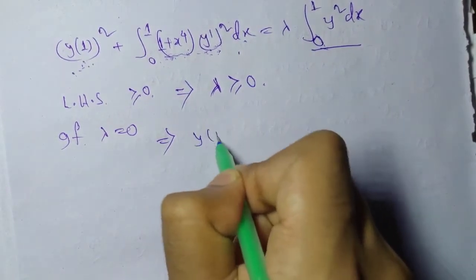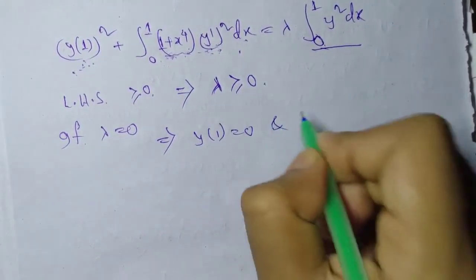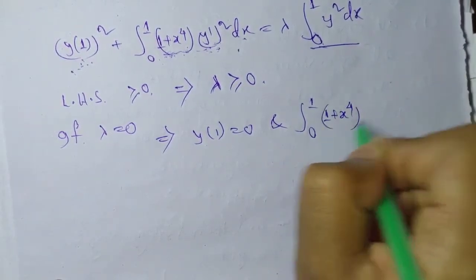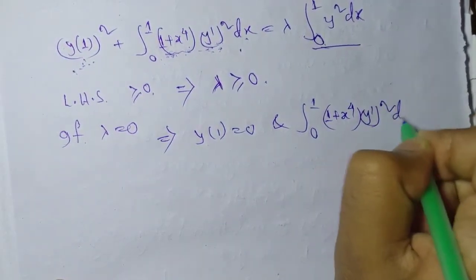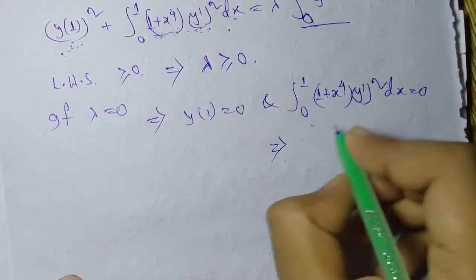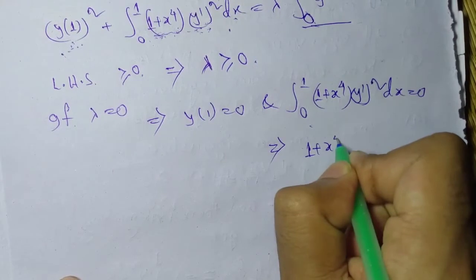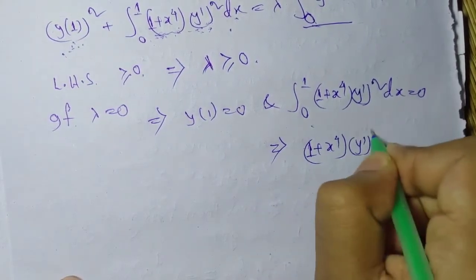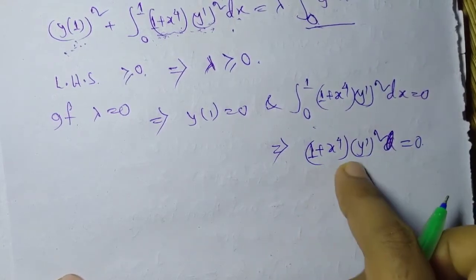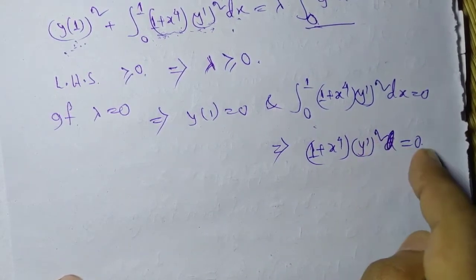From here we obtain y(1) = 0 and the integral from 0 to 1 of (1 + x^4) y'^2 dx = 0.